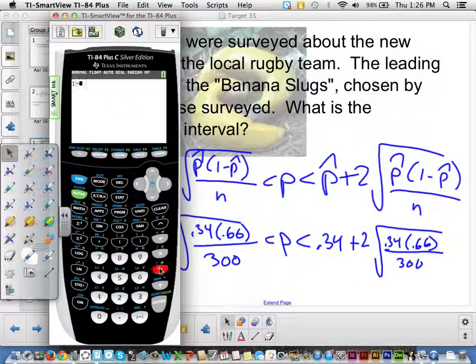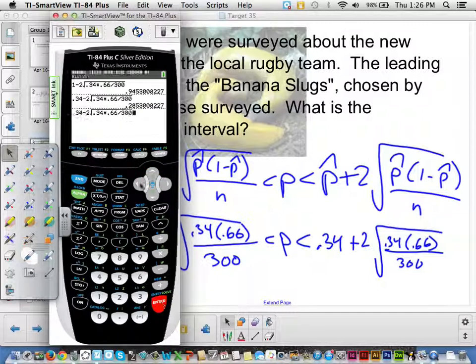We'll do 1 minus 2 times the square root of 0.34 times 0.66 divided by 300. Our lower level, oops, that's not right. It should be 0.34, not 1. So 0.34 minus that gives us a lower level of 28.5%.